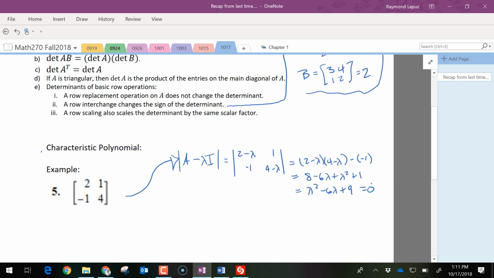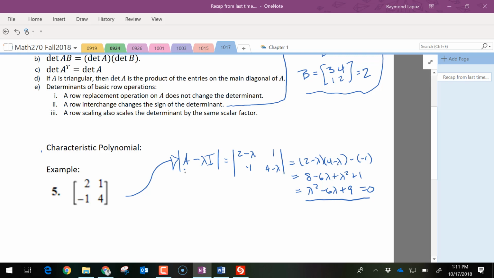And we want to find the solutions. Well, this is the characteristic polynomial. We want to find out when this is equal to 0, because we want to find the solutions for the null space of this.